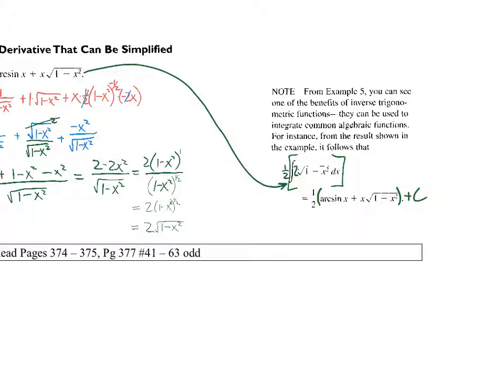Historically, integration and differentiation were developed simultaneously for different applications. Leibniz did more with integration from what I remember. Newton was a little more with differentiation. But their ideas were very similar.